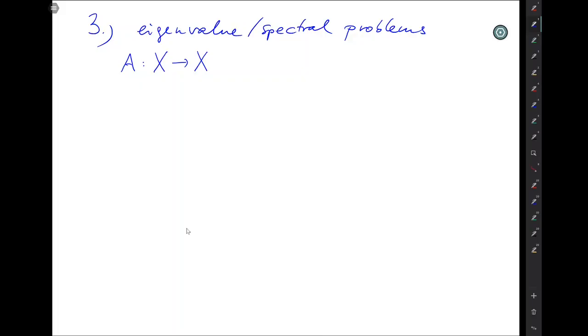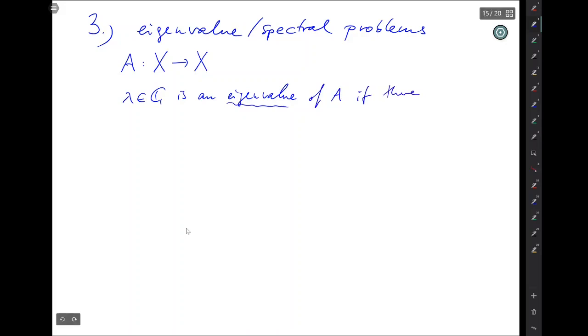So what was an eigenvalue? Well, let's see. So a complex number lambda is an eigenvalue of A if there exists a vector x, but not the zero vector, that would be too easy, in X, such that A applied to x gives you a multiple of x, and that multiple is given by the factor lambda.